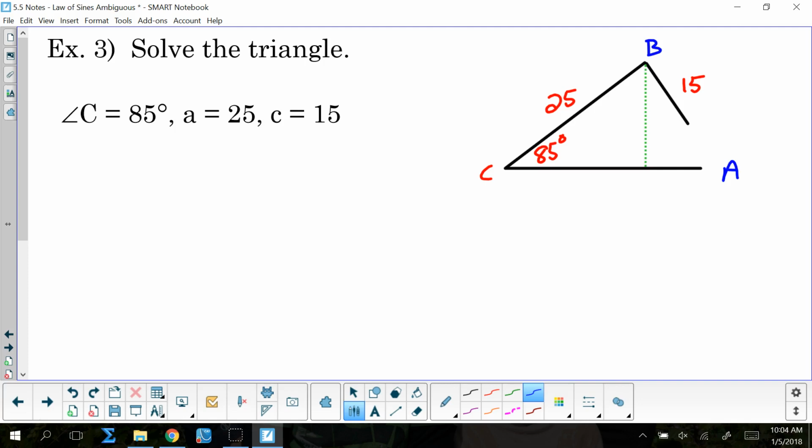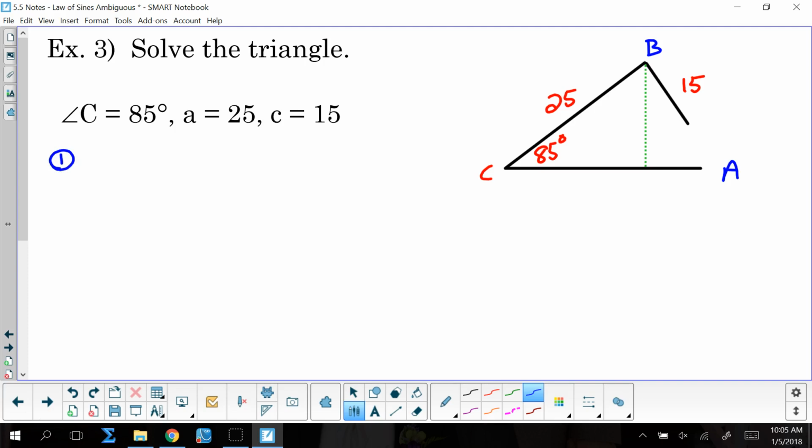The first question you have to ask is: is this an angle-side case? Because anything else, you just get one triangle. It's just that angle-side case that's going to give you possibly none, possibly two, possibly one. So is this an angle-side case? Yes or no?